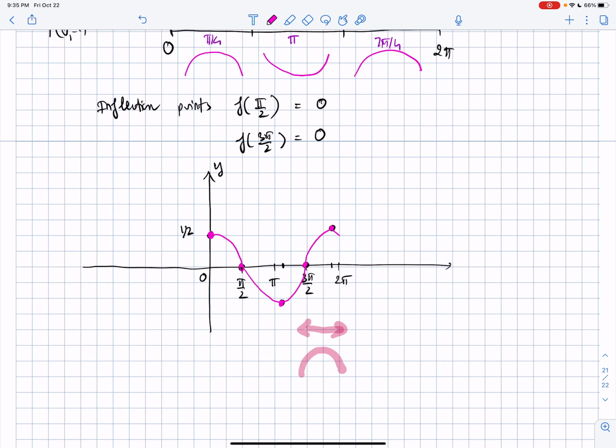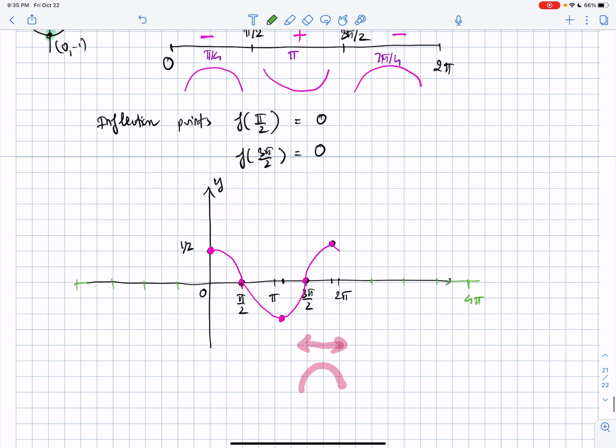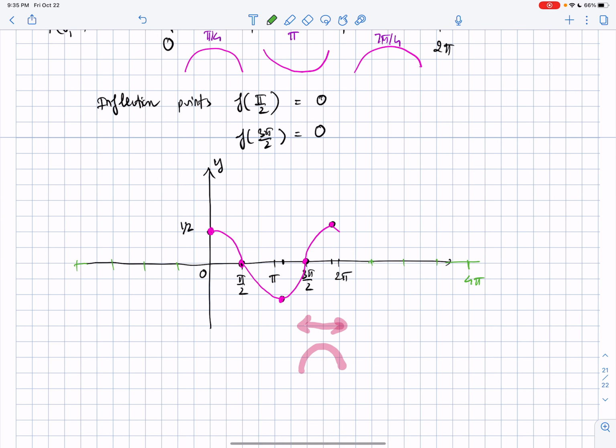All right, and then just look and copy. We make another period, which is 4 pi, right? And then you do the same thing for the left hand side. So you can copy this.